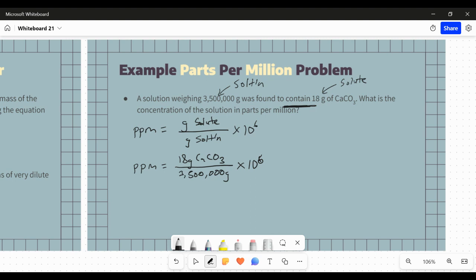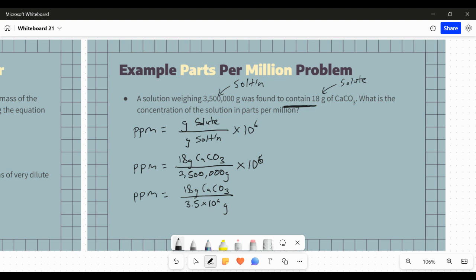But me personally, I like to try and simplify this. So to do that, I'm going to rewrite the denominator in scientific notation. So that's parts per million is equal to 18 grams CaCO3. I'm leaving that the same. But on the bottom, I'm going to write 3.5 times 10 to the 6th grams. And that's just me converting this into scientific notation.